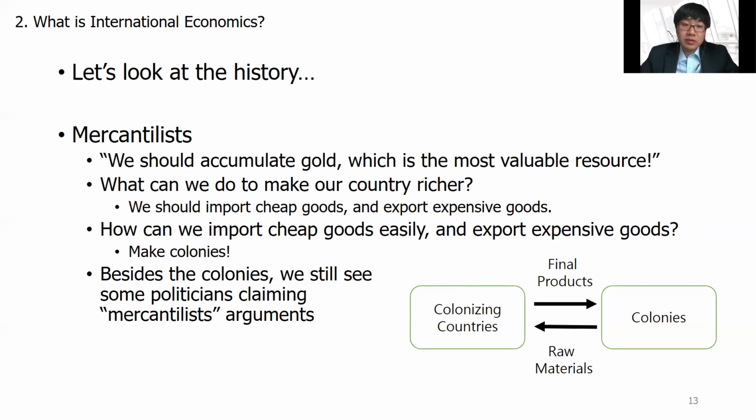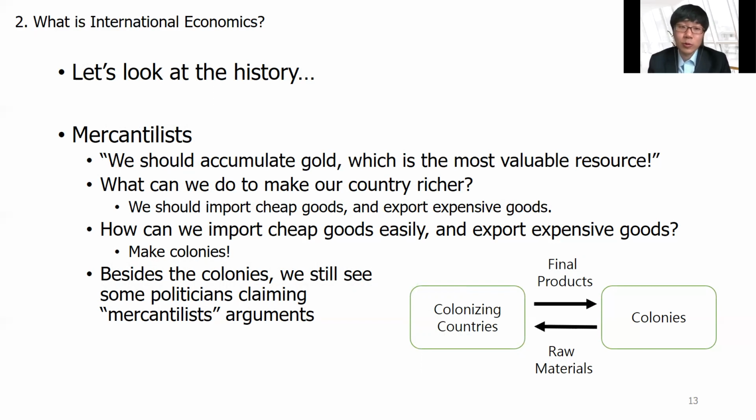If we would like to keep importing cheap goods and keep exporting expensive goods, it will not be the only thing for our country, but all the other countries would like to do the same thing. Then how can we import the cheap goods easily and export the expensive goods to them?